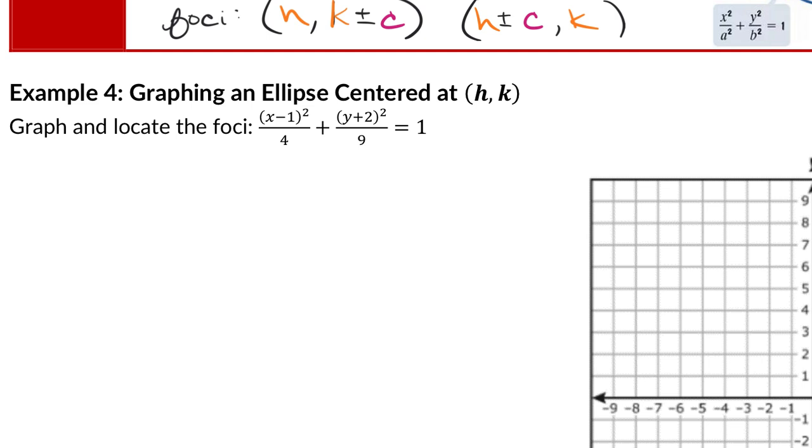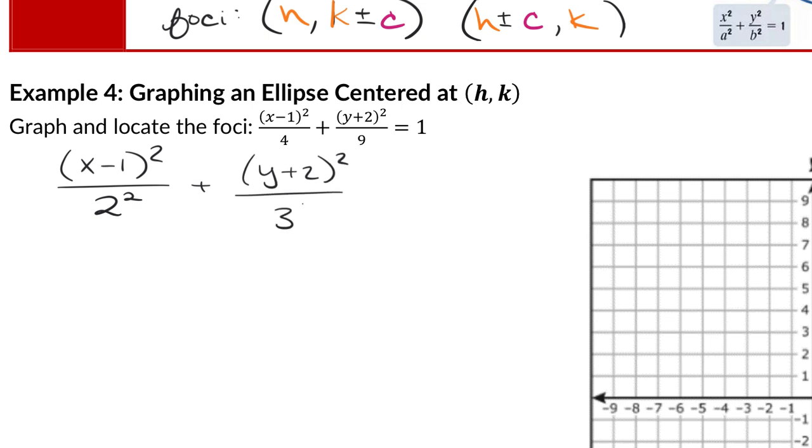Okay, first things first, let's rewrite this formula so we can see the a and the b. This is x minus 1 squared over 2 squared plus y plus 2 squared over 3 squared equal to 1. Where is the center for this ellipse?